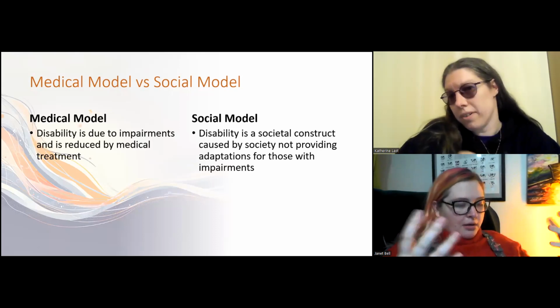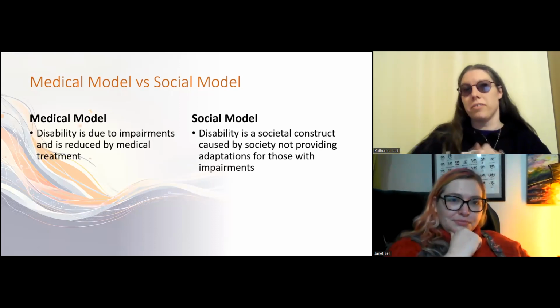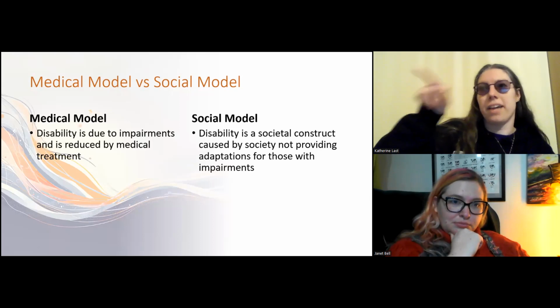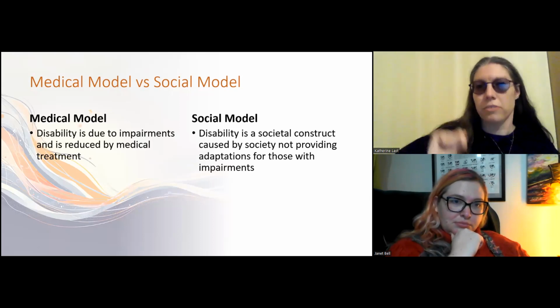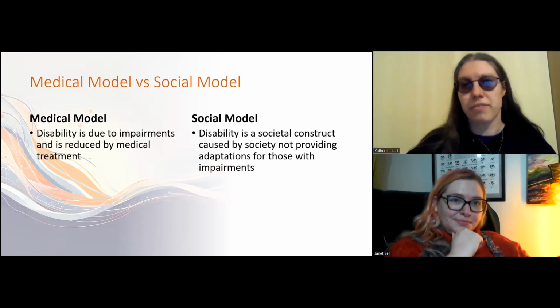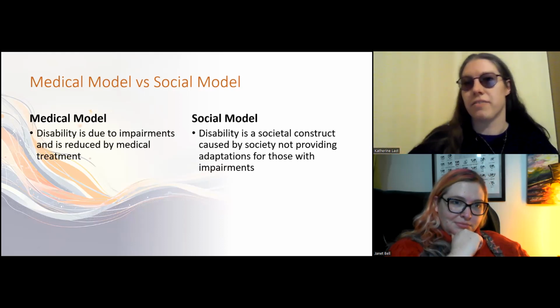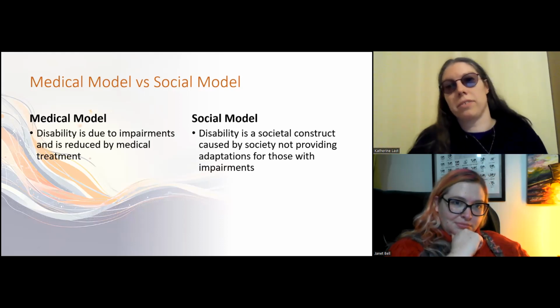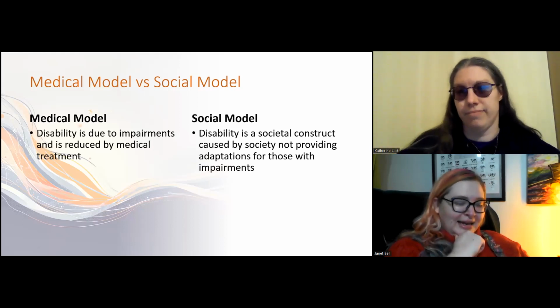So, for example, the medical model says, I can't access that place because I'm in a wheelchair. The social model says, I can't access that place because they haven't provided a ramp or a lift. If the ramp or the lift is provided, I can then access the venue, and therefore I am not disabled. Yeah, I was just about to say that.